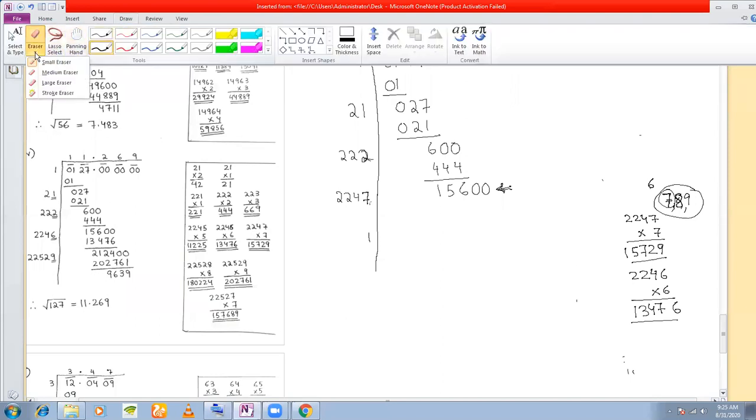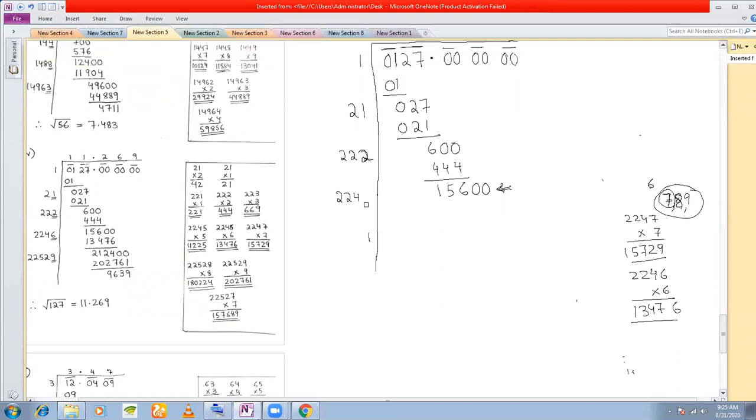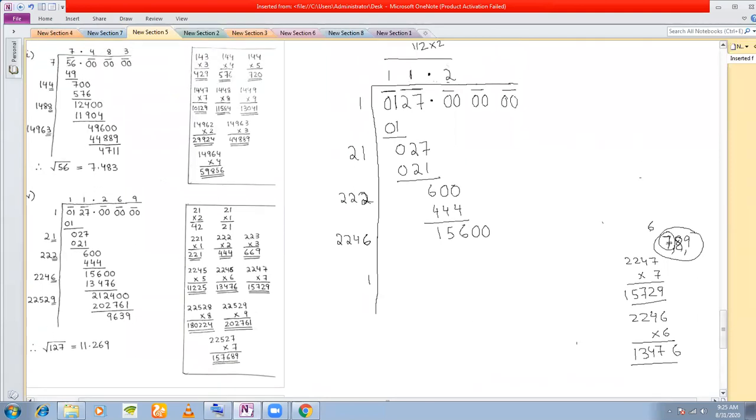So we place the digit 6 here, and you also place the digit 6 here on top. And 2246 into 6 we have got as 13,476, and we subtract.